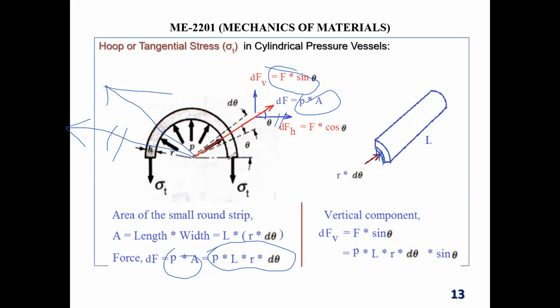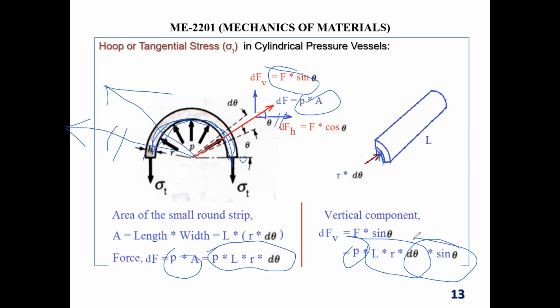So how can I get the vertical force covering all the sides from angle 0 to theta, 0 to 180? If I vary this d theta from 0 to 180 all the way, then I can get the summation of all the vertical force. So the small vertical force is P L R d theta, this is the area, into P, then multiplied by sin theta.